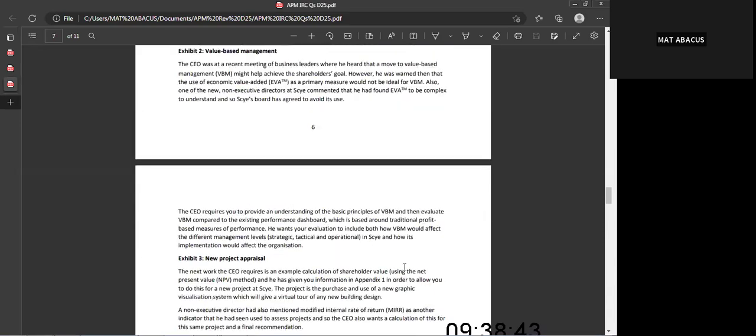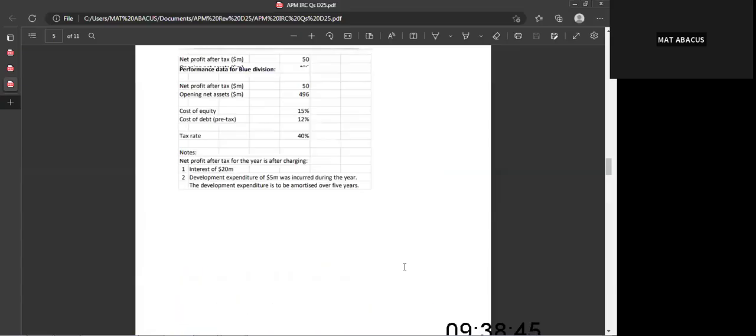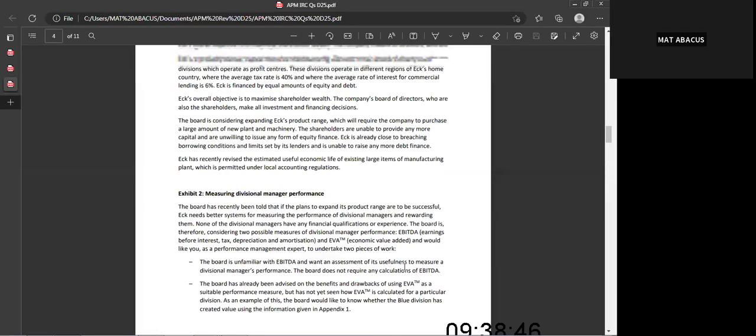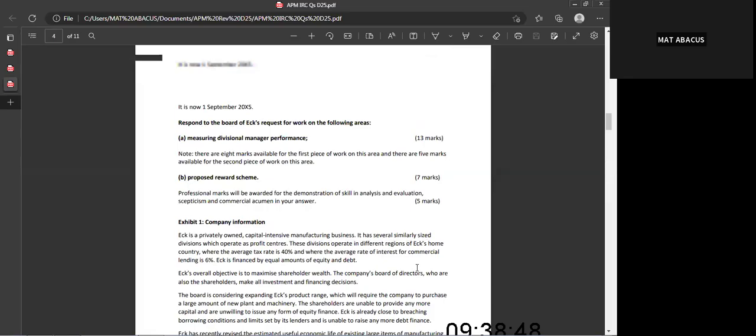So the revision class is divided into parts. Initially, we are going to review the examiner's report to identify what it is about this exam that students are not finding approachable enough to pass.